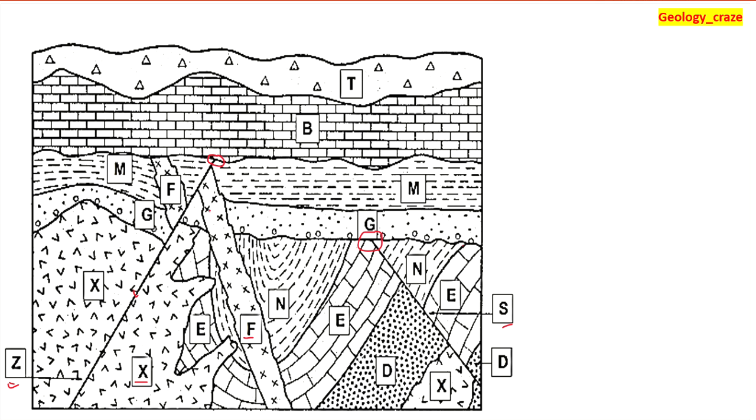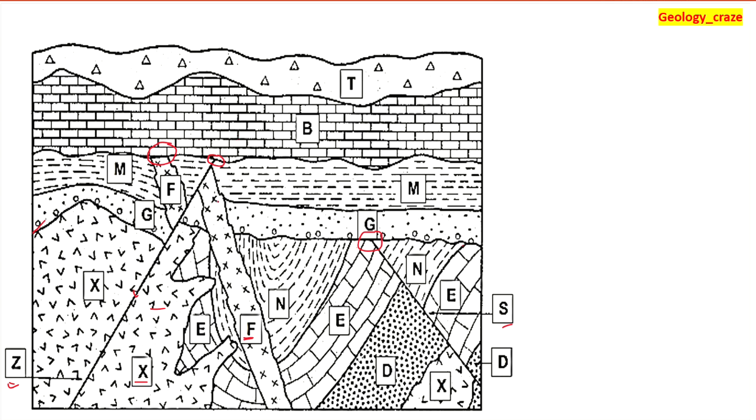And if we look at this intrusion, it is also displaced by this fault. How can we say that this intrusion is older than this? This intrusion is not extending above this G, but this intrusion is extending up to M. This fault is also extended up to M, but it is not extending up.